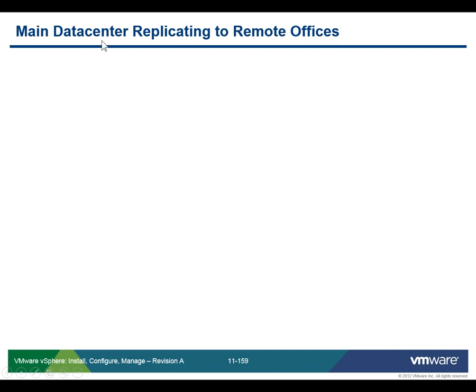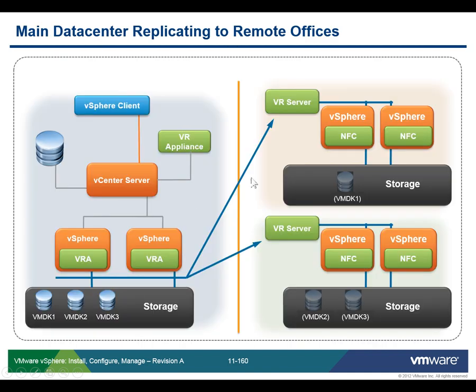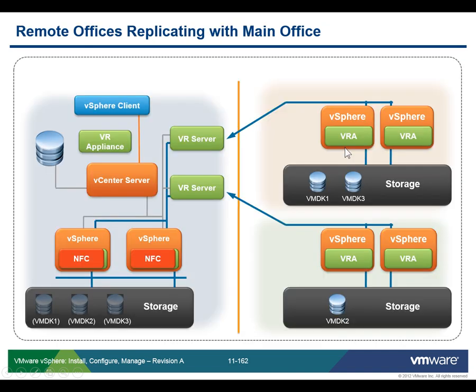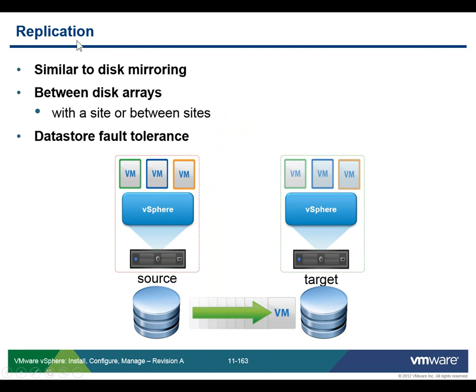You can have the main data center replicating to the remote offices, or conversely, you can have the remote offices replicating to the main office. With replication, it's very similar to disk mirroring, but it is replication of data stores between disk arrays, either within a site or between sites. And the purpose is to provide data store fault tolerance.